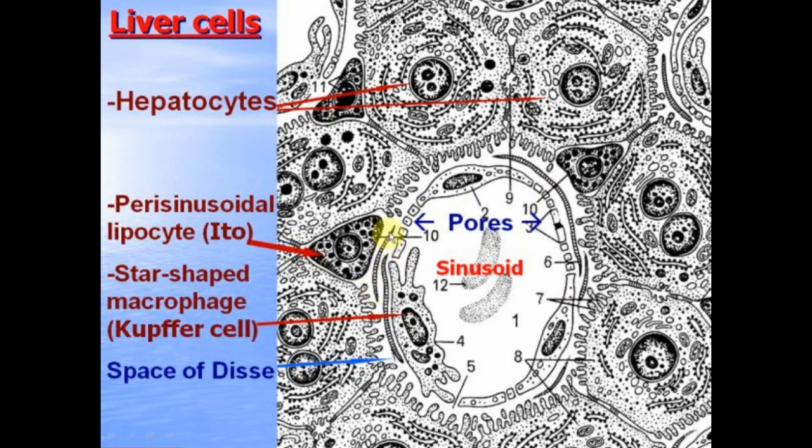It initiates connective tissue growth and liver cirrhosis takes place. The functions and blood circulation are disturbed, and finally the liver is destroyed and the patient will die.